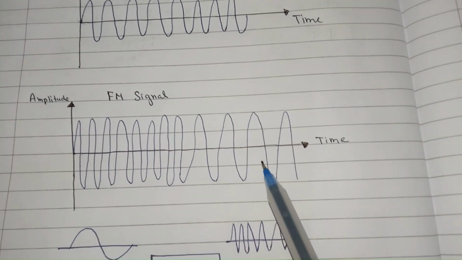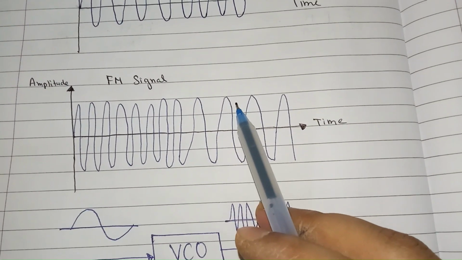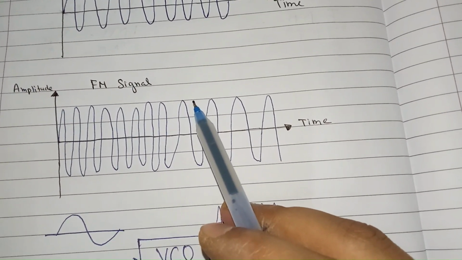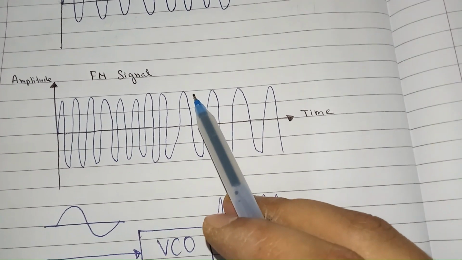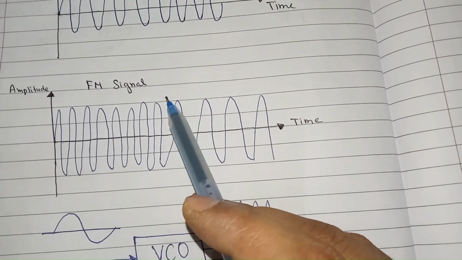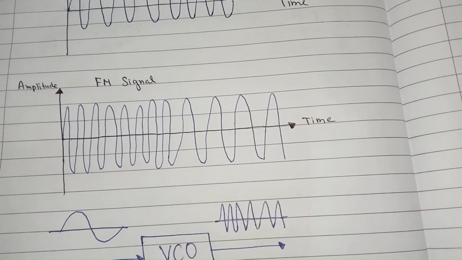The third graph illustrates the FM signal. Notice how the frequency of the carrier wave changes. It increases when the amplitude of the modulating signal is high and decreases when the amplitude is low. However, the amplitude of the frequency modulated signal remains constant throughout.